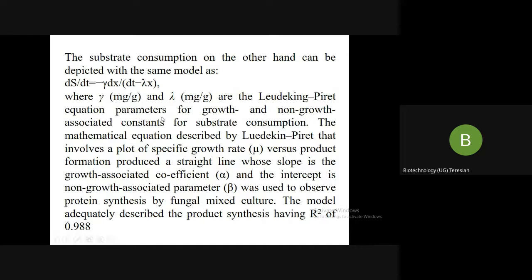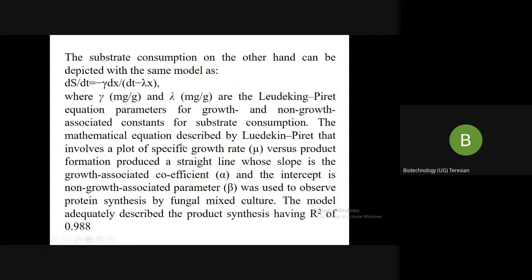And then there we told it is alpha and beta, if you remember that. So growth associated and non-growth associated. Here we use another terminology, gamma and lambda, which is growth associated and non-growth associated.